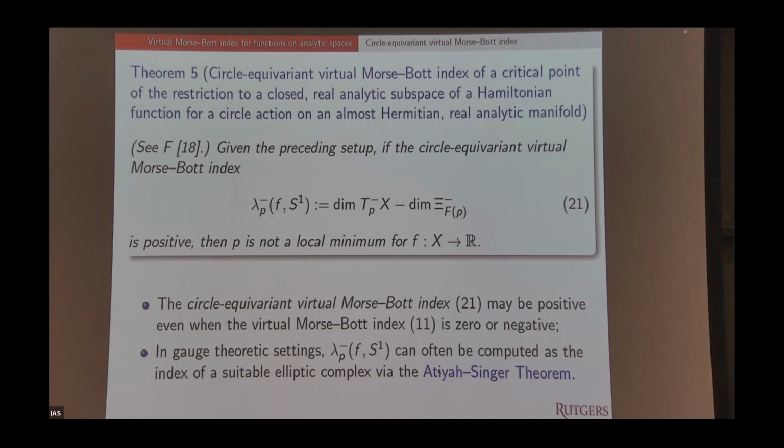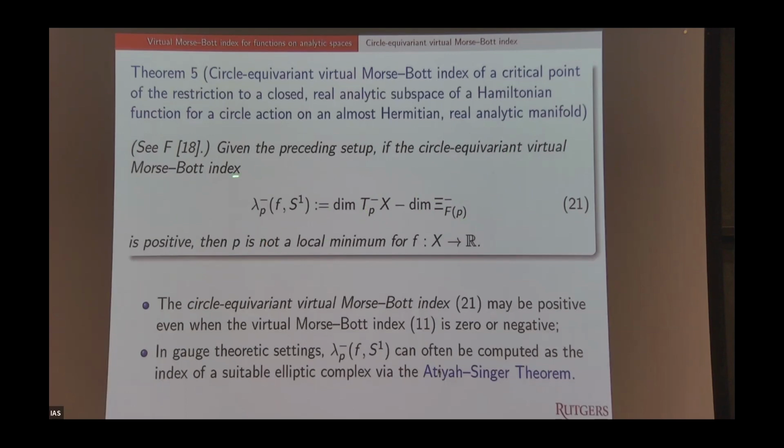And it's this negative weight subspace that we're subtracting off. The significant thing is we're subtracting off something that's a smaller dimension than we were before. So it has a better chance to be positive, which is what we're interested in.